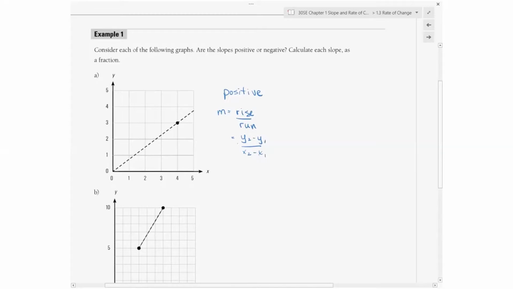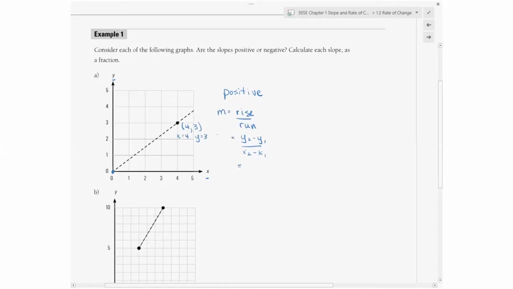So again, we're just going to pick a point. So here, when we're labeling this, we label our x first. So this would be x is 4 and y is 3. So that means x is equal to 4 and y is equal to 3, because if we go along on our x-axis, we get to 4. If we go along on our y-axis, we'll go up to 3. And here's another point here. That's a nice easy one to work with, and that's 0.